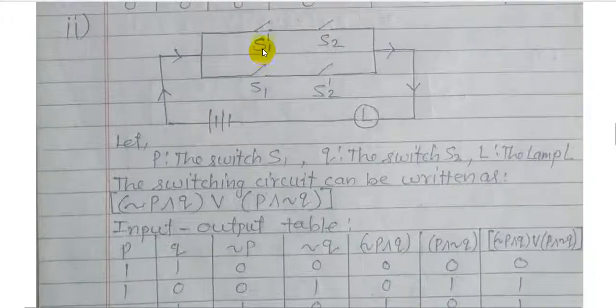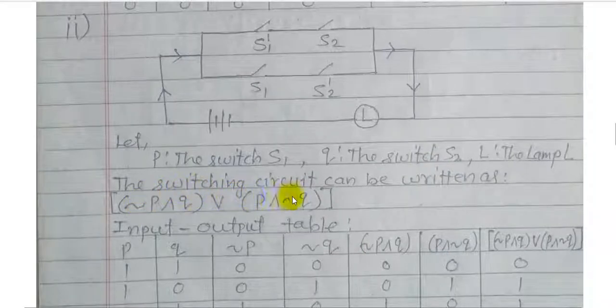So you can say this is negation P because S1 is P. So this S1 dash means negation P. Now they are in series, so S2, that is Q, so negation P and Q. Here S1 and S2 dash means P and negation Q, and in between them they are in parallel, so in between them OR, and we write here P and negation Q.